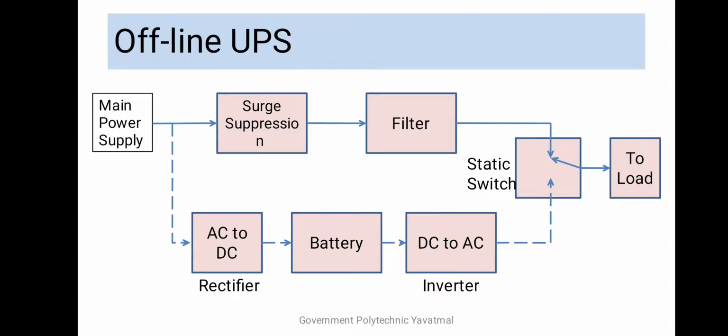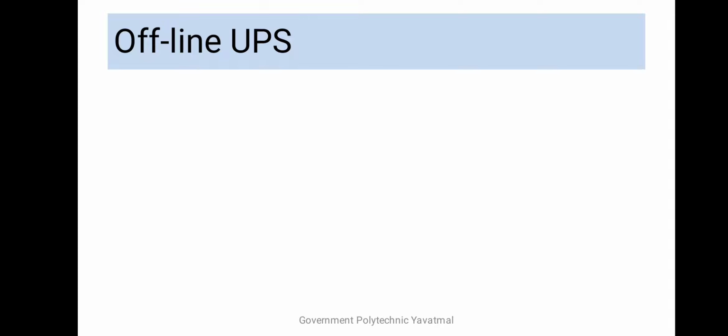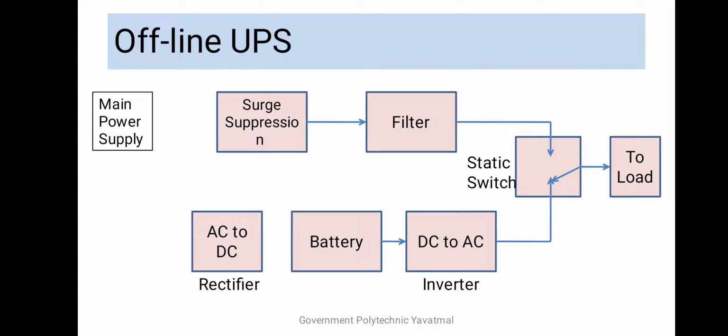As soon as the main power supply fails, the DC voltage stored in the batteries gets converted to AC voltage by means of the power inverter and is transferred to the load like this.